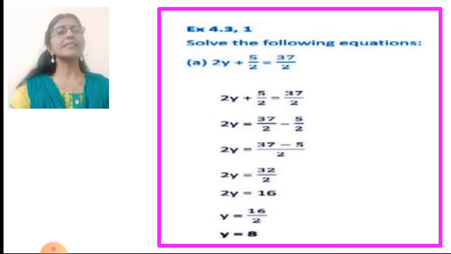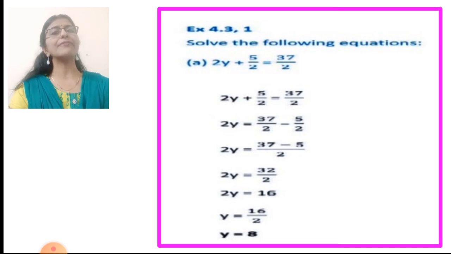Now here you can see both are fractions and they have a common denominator. In the denominator, both of them have 2. So the common denominator will be 2. So we will take 2 as the common denominator, and then 37 minus 5 we will write in the numerator.